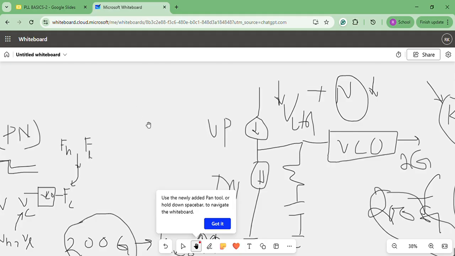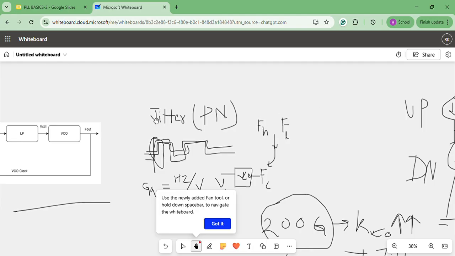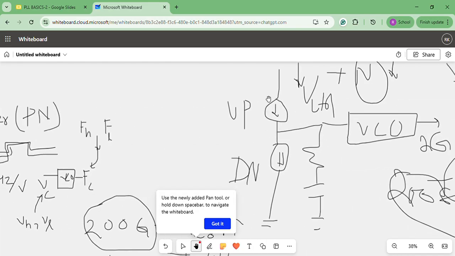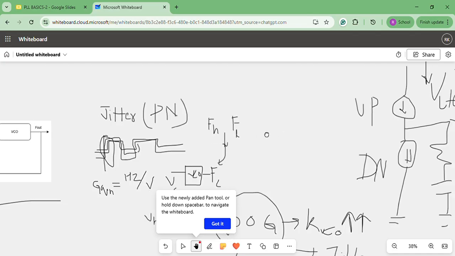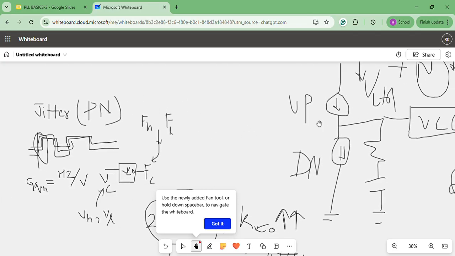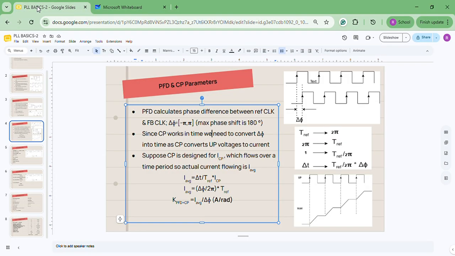Okay. So now our main objective is how much current it is going to pass, so that we can call it the average current. How to calculate that average current which is passed by the charge pump? We are designing our charge pump for, suppose, ICP. What is ICP? It is a current which will flow for one time period.